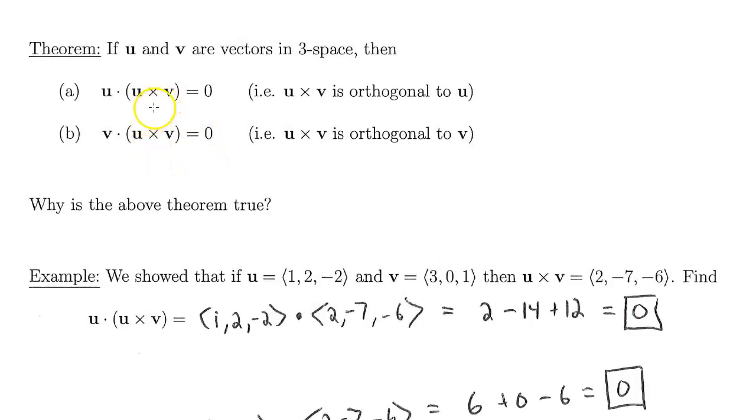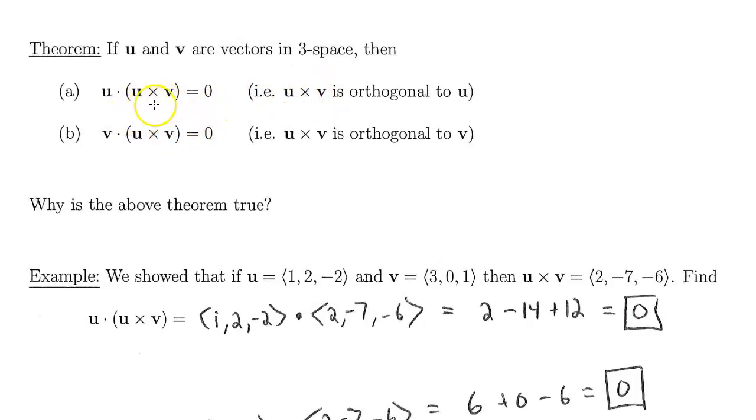Okay, so I want you to think about why that theorem is true. In fact, I don't want you to just think about why it's true. I want you to actually maybe prove why part A is true. Okay, and think about how would I even prove that this is true? Well, just write u as say u1, u2, u3, and v as v1, v2, v3, and then compute the cross product u cross v and write it all out. Okay, it's going to be some messy expression involving u1s and u2s and v1s and v3s and u3s all over the place.